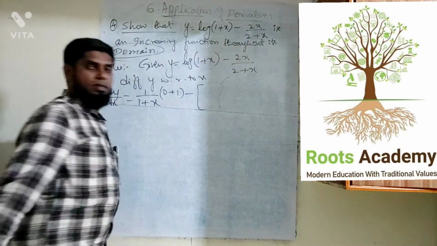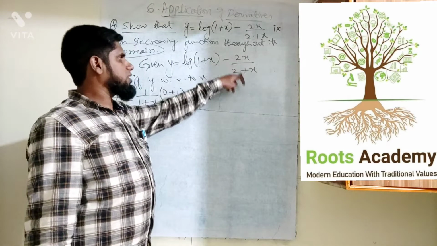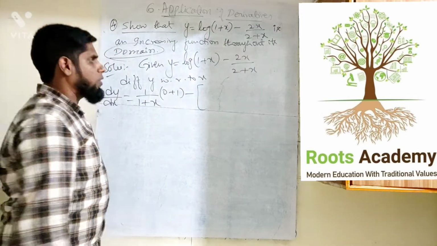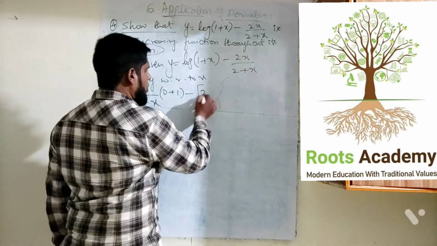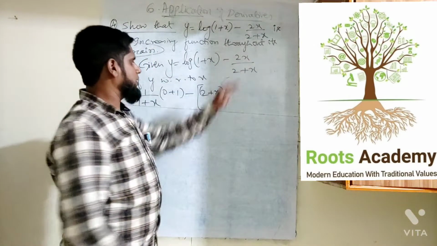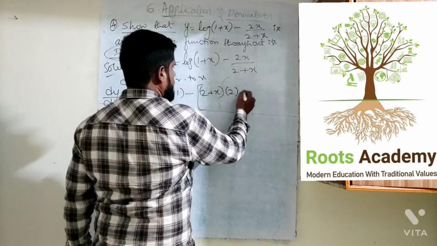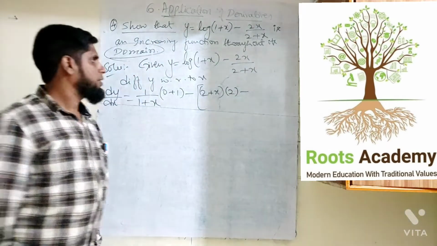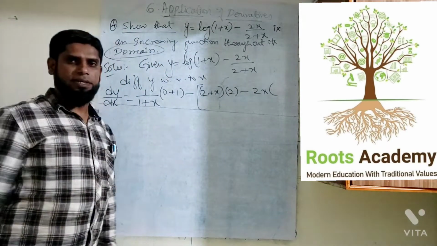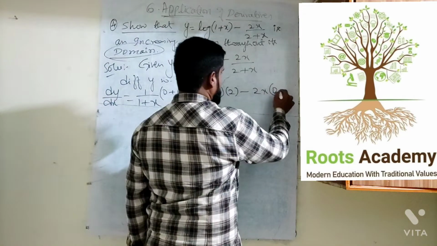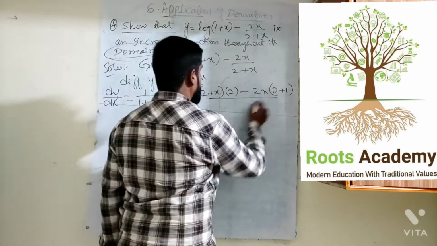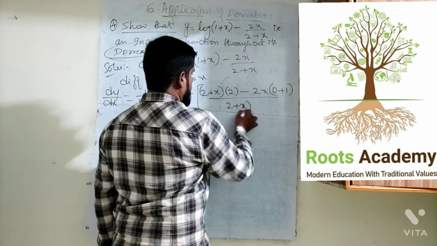Minus, if I am differentiating this rational function, I should use quotient rule. This quotient rule says that denominator into derivative of numerator. Derivative is 2, minus numerator into derivative of denominator. Denominator's derivative is 0 plus 1, all divided by square of the denominator.